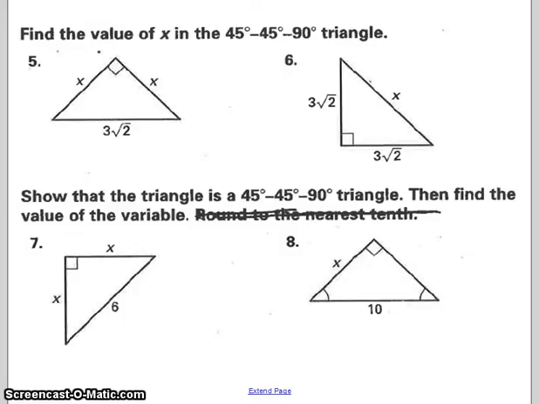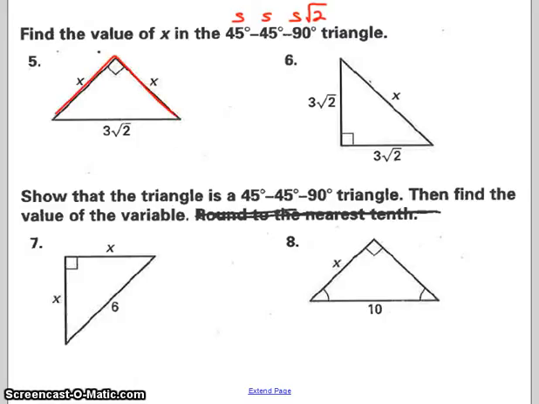Number 5 and 6, we have to find the value of x in the 45, 45, 90 triangle. We know that the ratio is one side length to one side length to whatever that side length is times the square root of 2. So we have x and x for our two legs in the 45, 45, 90.